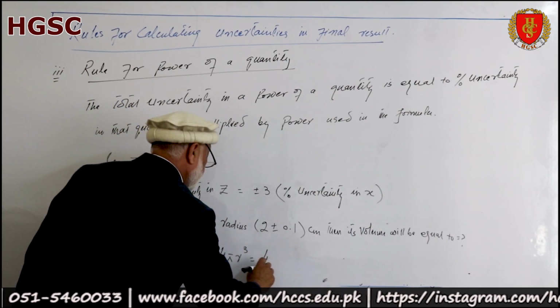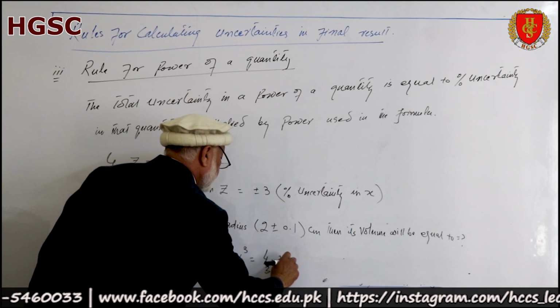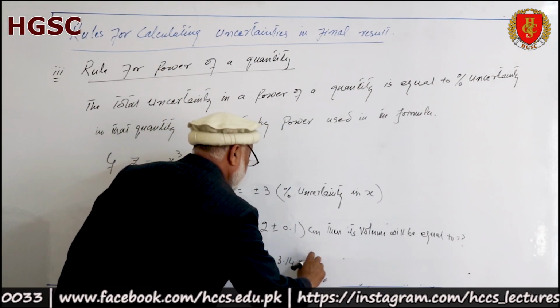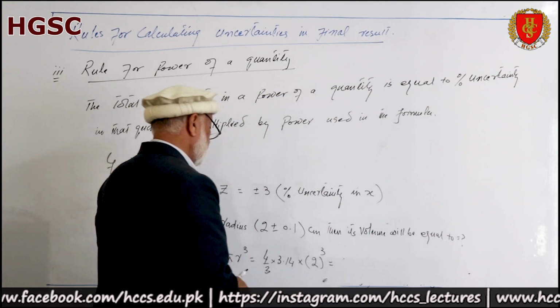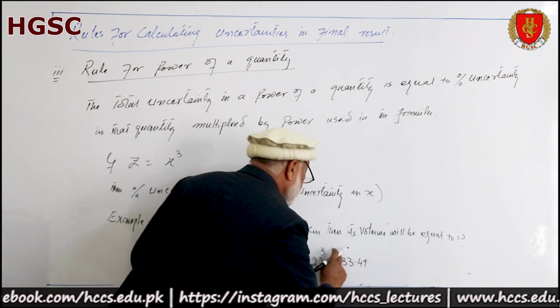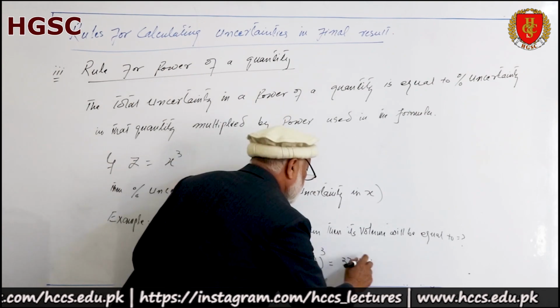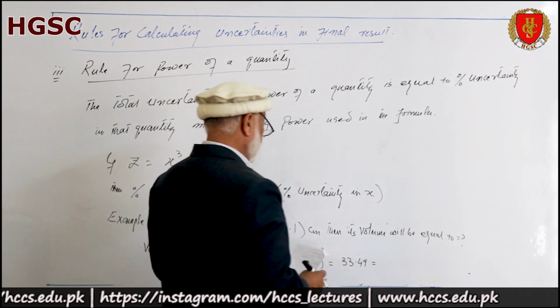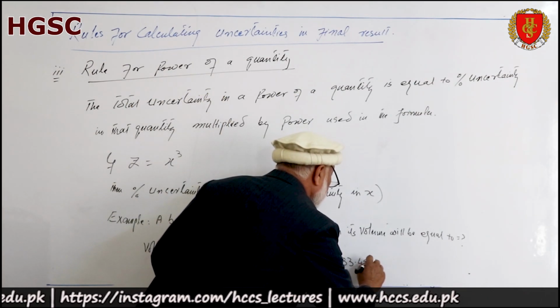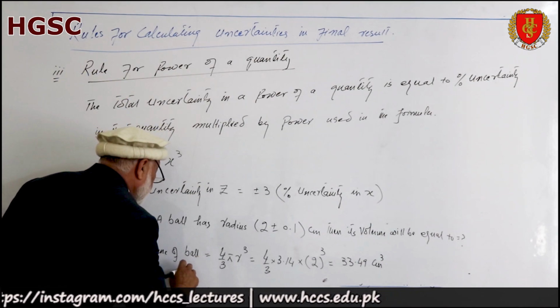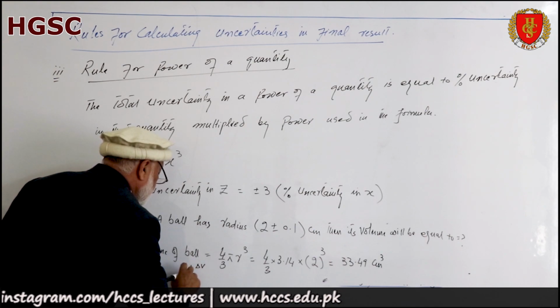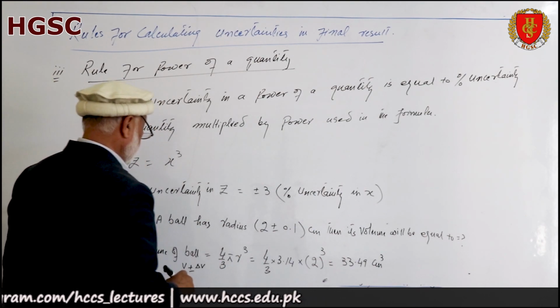This is 4 by 3, 3.14 and 3.2 to the power 3, and this is equal to 33.49 cubic centimeter.